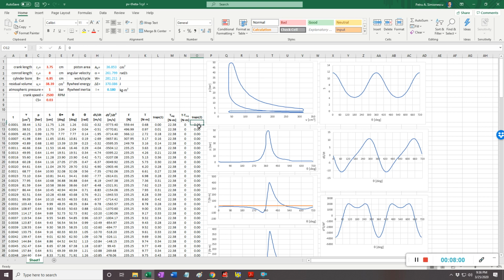And one more trapezoidal integration, and the sum of trapezoids gets you the delta E, the area delimited by the torque curve and the average line, the area that's above. So with this, knowing delta E, you can calculate the flywheel moment of inertia.